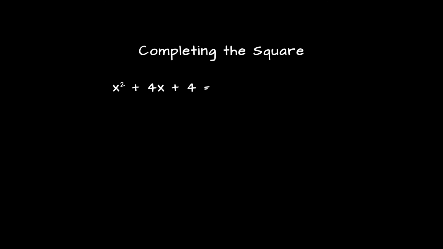If we apply known techniques and try to factor this as a product of two linear expressions, recall that we need to find two numbers whose product is equal to 4, that is the constant term in the quadratic expression, and whose sum is also equal to 4. That's the coefficient of x.